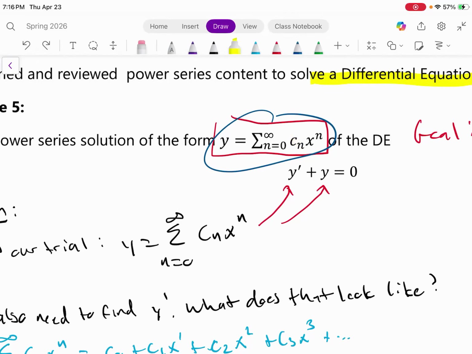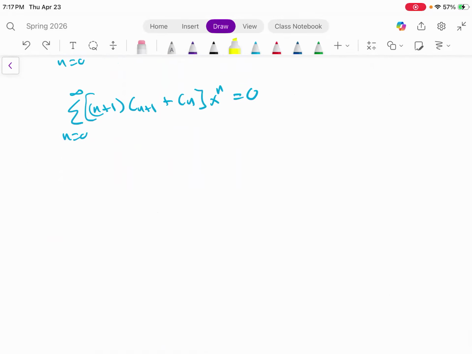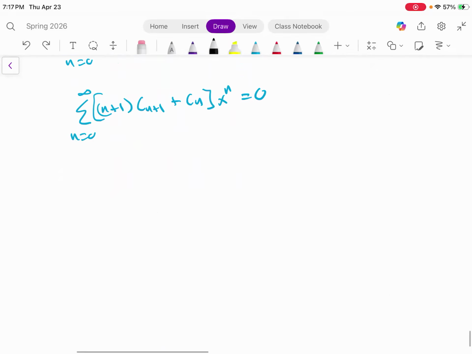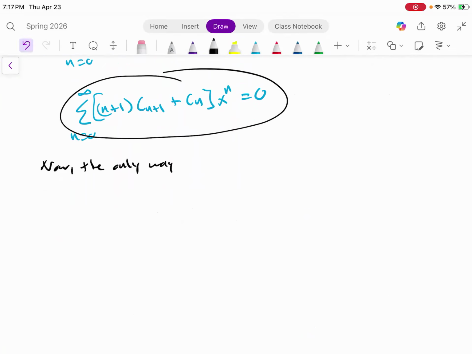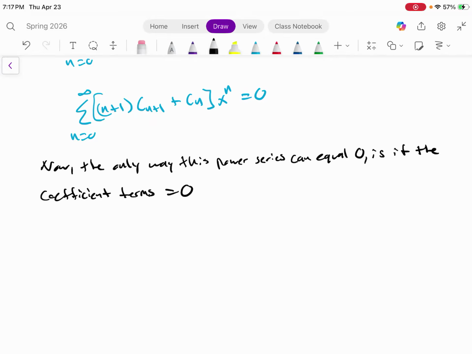So there's a way to do that, and it's through recurrence relation. So let's check out what exactly that means. Now, the only way this whole power series can equal zero is if the coefficient terms equal zero.